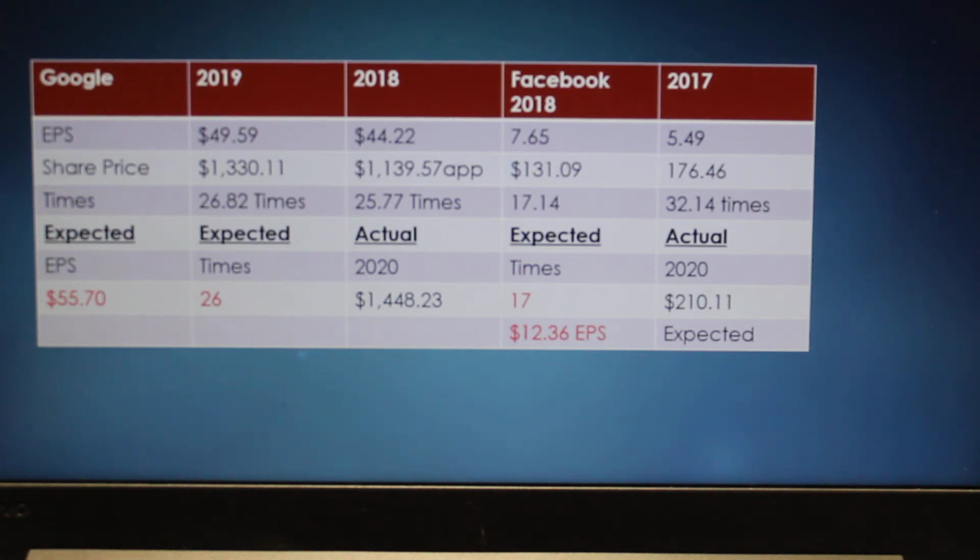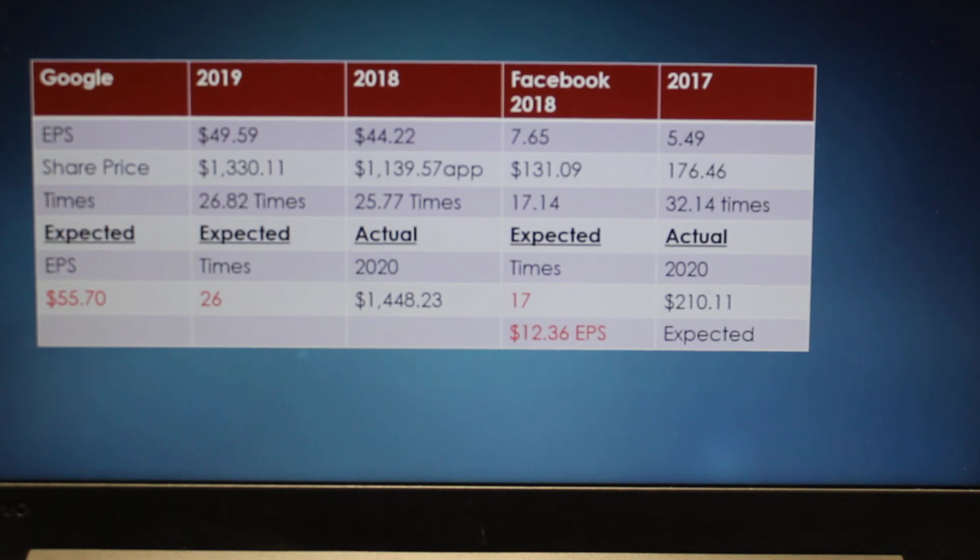It's $1,139.57. So we can see over the period the share has climbed by nearly $200. The share has appreciated over the period, but its earnings per share has increased slightly by nearly $5 or thereabouts. So its earnings per share is relatively stable, but the share price is appreciating quite significantly over the period.